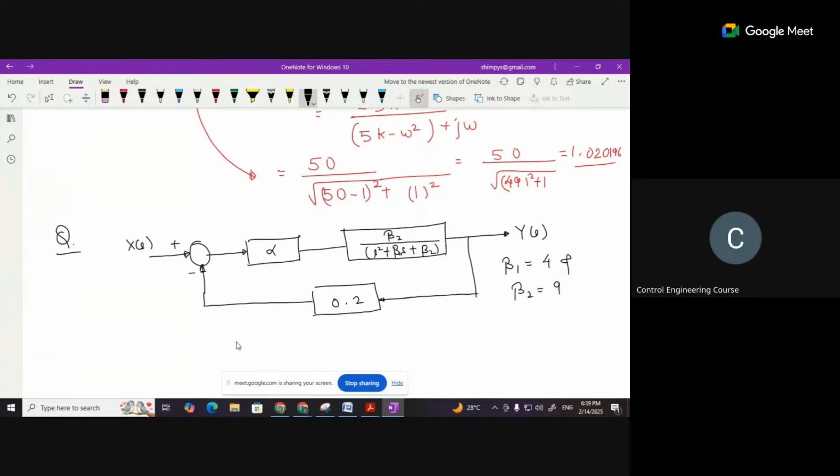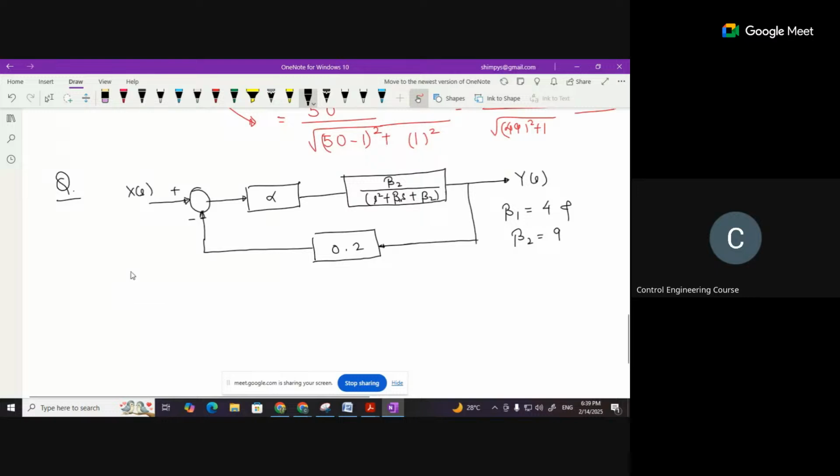For this, we have to calculate, number 1, the sensitivity of our transfer function with respect to alpha, where the transfer function T is y of s by x of s.